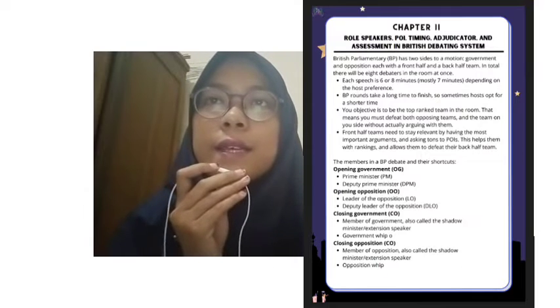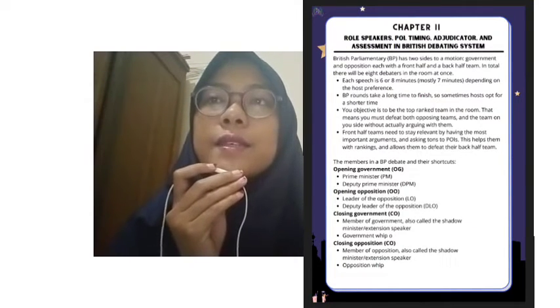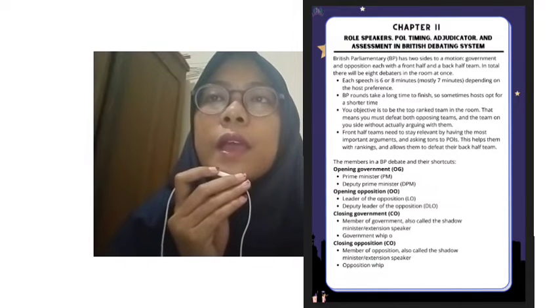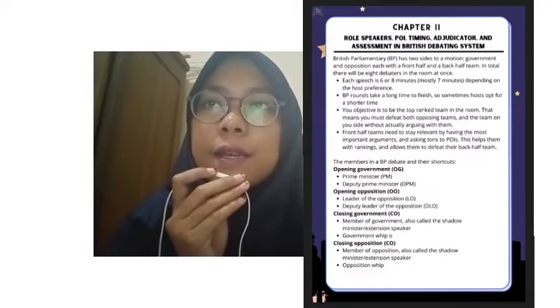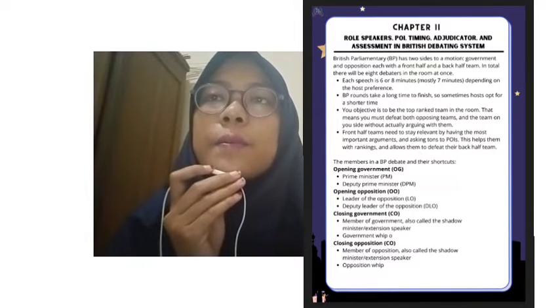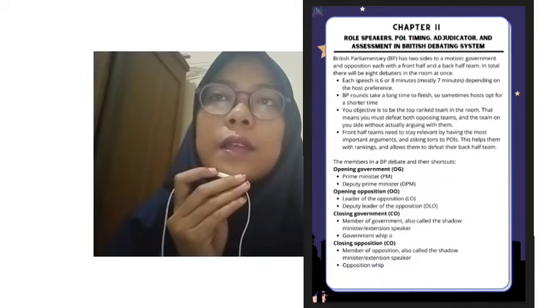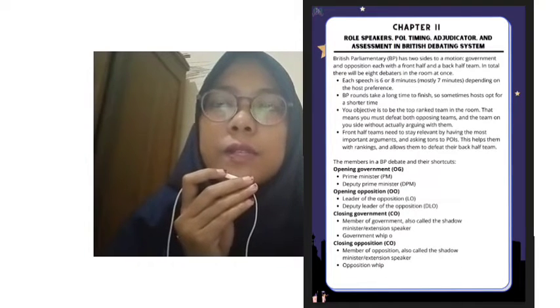The members in a BP debate and their shortcuts. Firstly is opening government, by Prime Minister and Deputy Prime Minister. And second is opening opposition, by Leader of the Opposition and Deputy Leader of the Opposition.